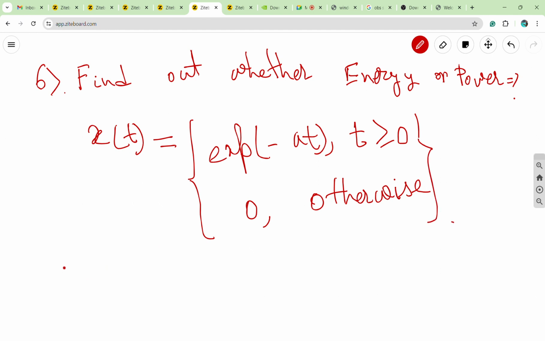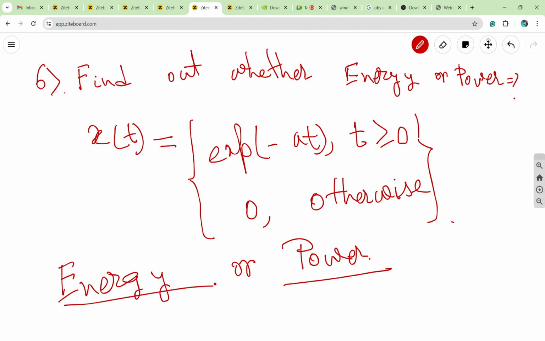Now your task is to say whether it is energy or power. And if it is energy, tell me what is the energy. And if it is power, tell me what is the power.